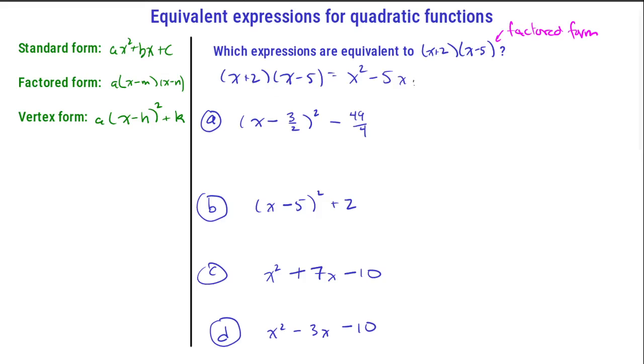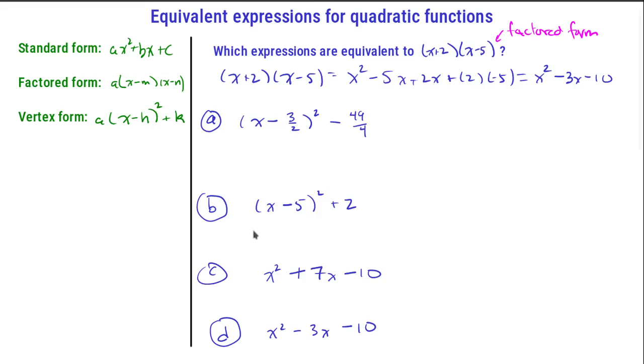Inner terms, 2 times x. And the last term's 2 times negative 5. If we combine like terms, x squared, negative 5x plus 2x is negative 3x, and then 2 times negative 5 is negative 10. So the standard form we're looking for is x squared minus 3x minus 10.